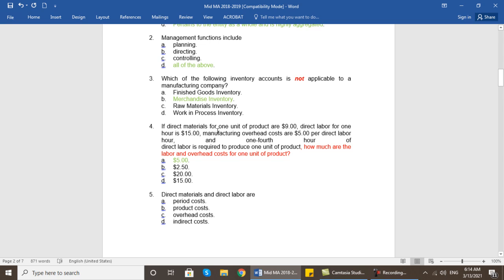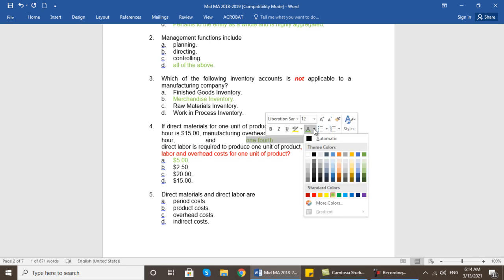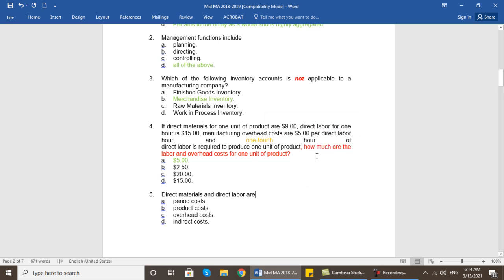Again, if direct materials of 1 unit of a product are $9, direct labor for 1 hour is $15, manufacturing overhead costs are $5 per direct labor hour, and one-fourth hour of direct labor is required to produce 1 unit, how much are the labor and overhead costs for 1 unit?